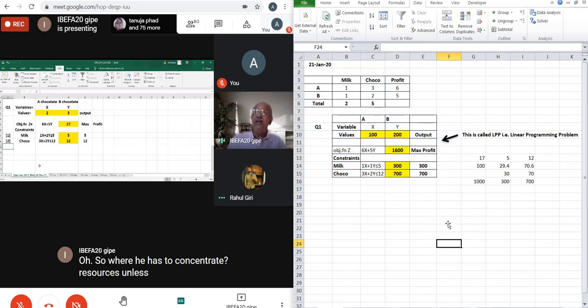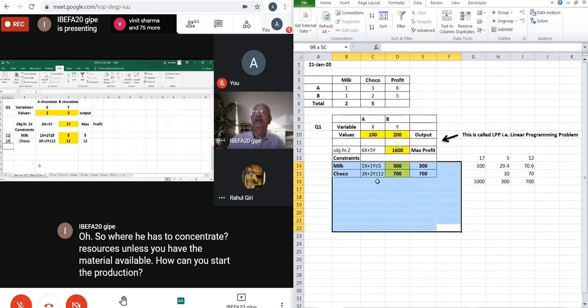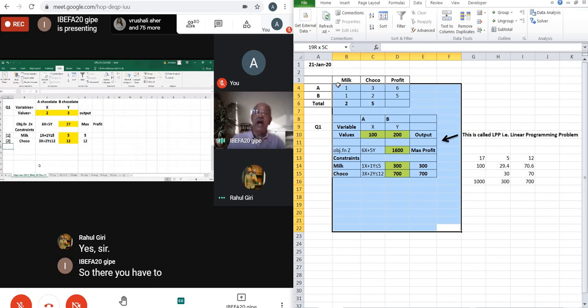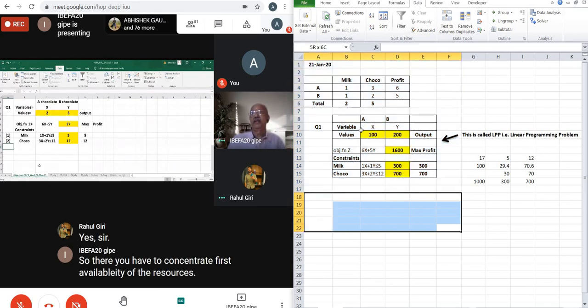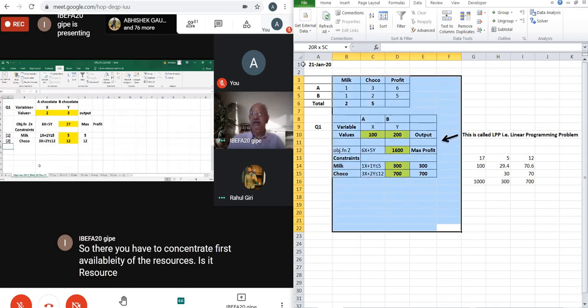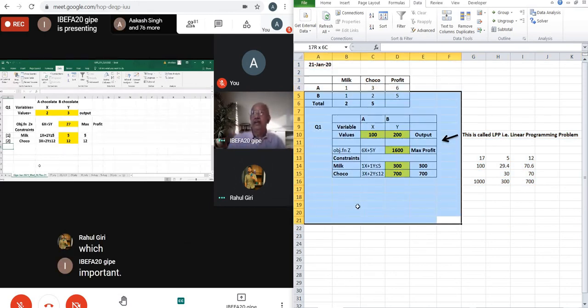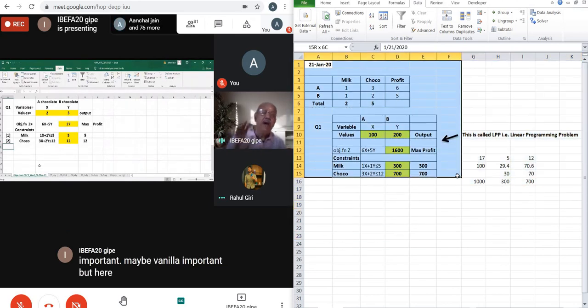Unless you have the material available, how can you start the production? So where do you have to concentrate first? Availability of the resources. Sir, both are. And even sugar is also important. Maybe vanilla is important. But here, as an example, it says this.